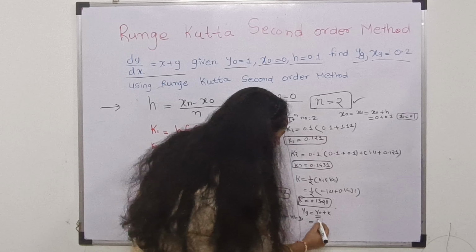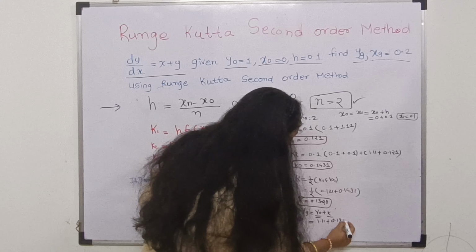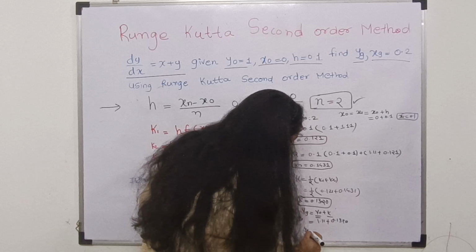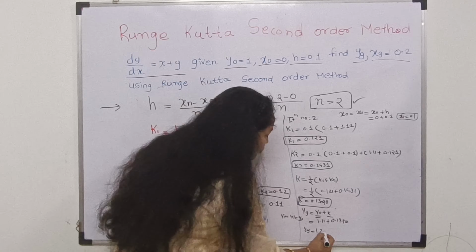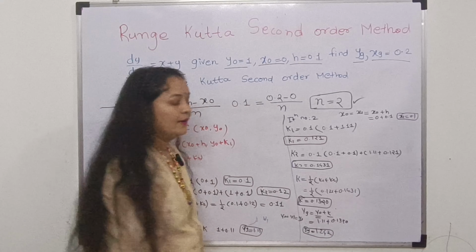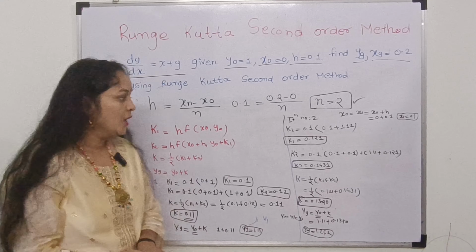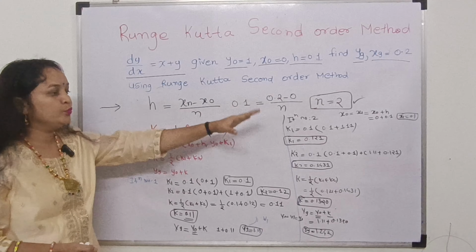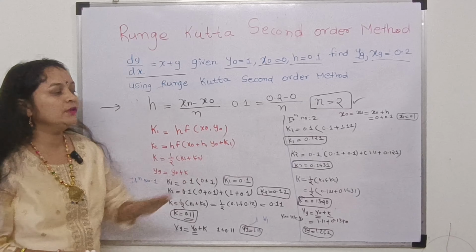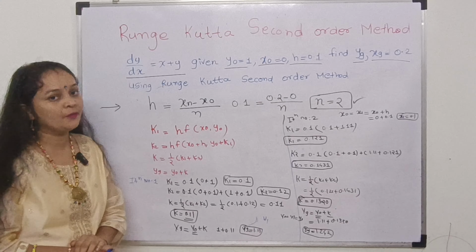So this value is 1.11 plus K, that is 0.132, and if you calculate this, yj becomes 1.242. So this is the total calculation up to iteration number 2 as per the requirement of this problem.